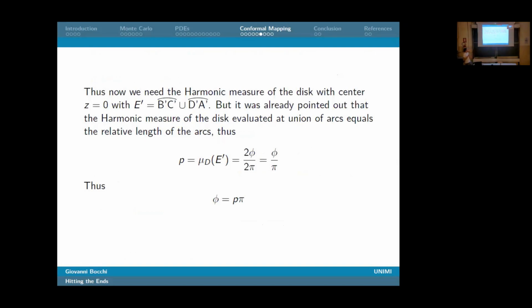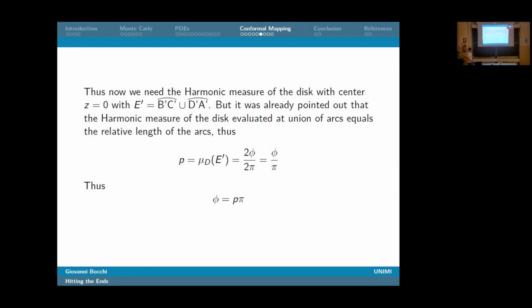So the last result that we will use is that now we know what is the harmonic measure of an arc of a circumference, because in the past talks we saw that the harmonic measure of a circle is the uniform measure for that circle. So here we are considering the harmonic measure of the border of the disk centered in the point z equals 0, with E prime essentially the union of those two arcs.